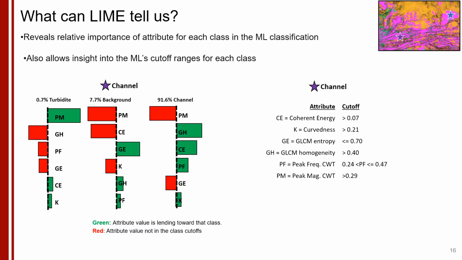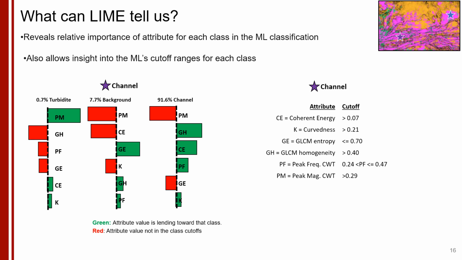Moving on to LIME, like I mentioned before, it reveals the relative importance of each attribute for each of the different seismic facies classes. And it can give us insights into the machine learning's cutoff ranges for each class. In this case, we can look at the channel facies at that particular spot and see which of the attributes were tending towards each channel facies.